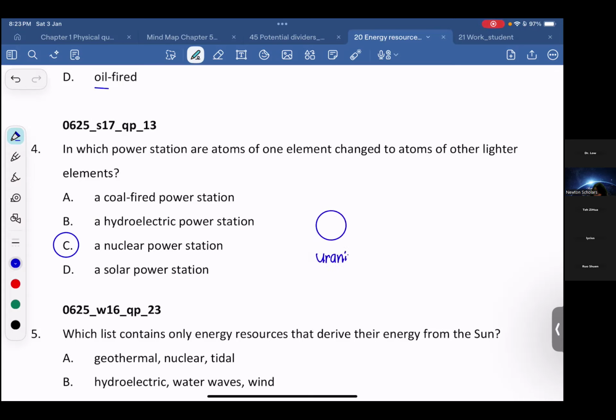So this one is uranium. We use a neutron to hit it, so it will split into daughter nuclei, a new element, which is the smaller one, plus maybe 2 to 3 neutrons plus energy. So this is called nuclear fission, splitting.